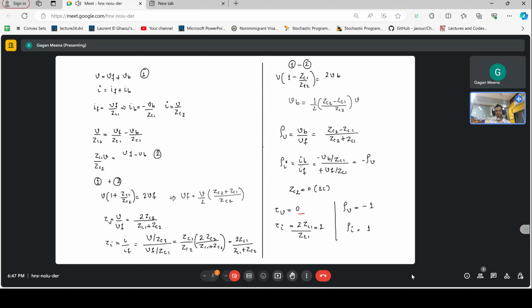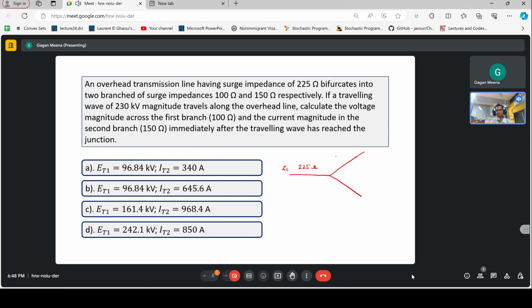Let's see, this is I1, V, I2, voltage is the same. Here we can again write the same equation.